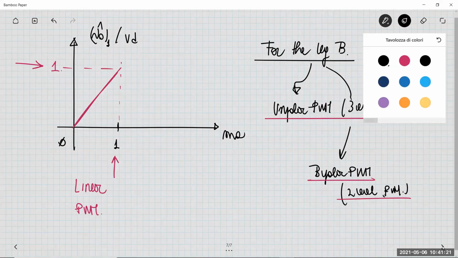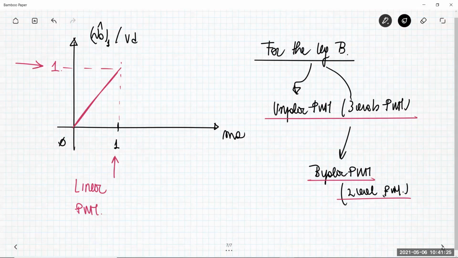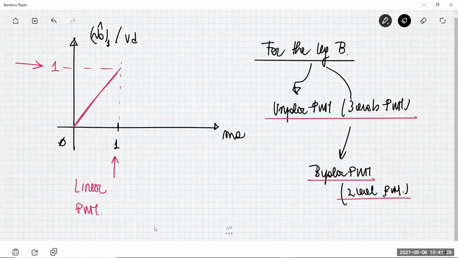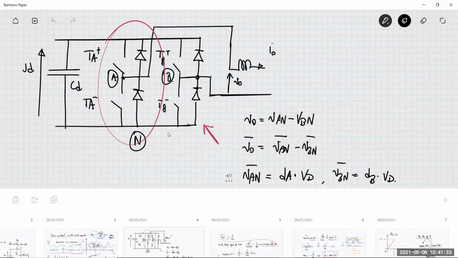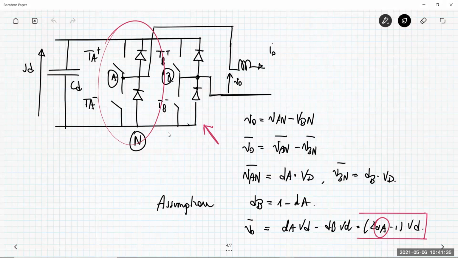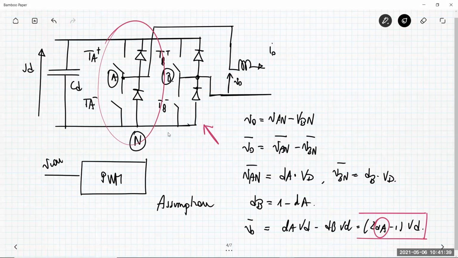basically this is something that we already know, because we need just one control voltage for my full bridge inverter. So my pulse width modulator here needs just one control voltage, just one sine wave to be compared inside the pulse width modulator with a carrier, which is a triangular waveform.